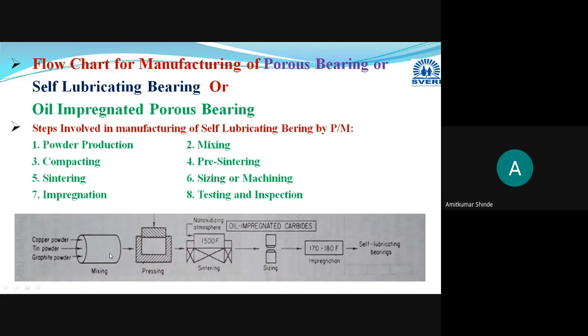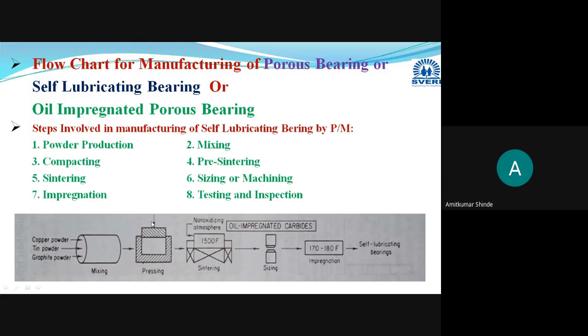Here this uniform and homogeneous mixture of copper, tin, and graphite goes into the compacting process, and you have to explain this compacting. There are three stages involved. Here we just use pressure. That's why this is pressing or compacting, or simply you can say this is the cold compacting process. No heat is used in this compacting process, that's why it is cold compacting.